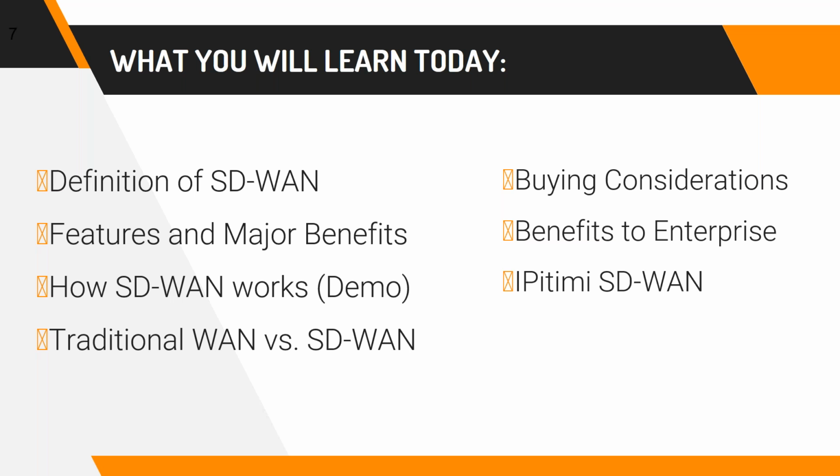We're also going to talk about the buying considerations, what to look for when you're selling or if you're looking to purchase SD-WAN. The benefits to enterprises, how small and medium-sized businesses can benefit from SD-WAN, and also what sets IPitimi SD-WAN apart from the rest. Those are just a few of the benefits you're going to learn about today. Make sure you keep an eye out.